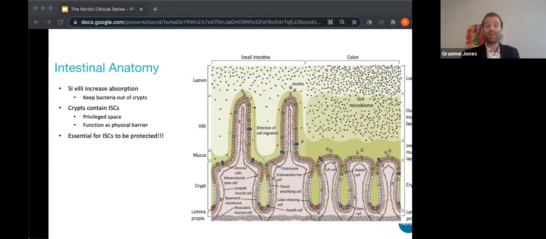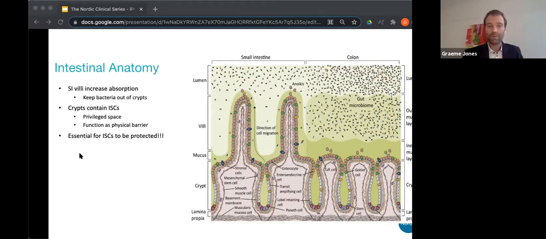They replace cells of the epithelium in different places. We have these Paneth cells. They're known for secreting antimicrobial peptides, but also for nutrient sensing, primarily mTOR, which signals to the stem cells when it's time to proliferate based on nutrient availability.